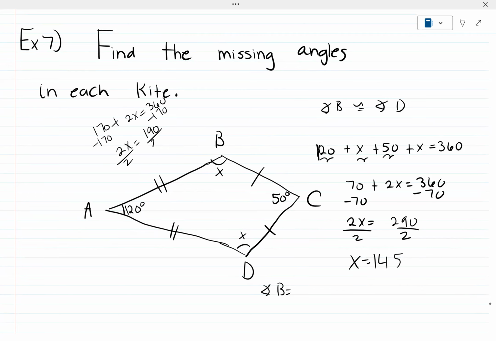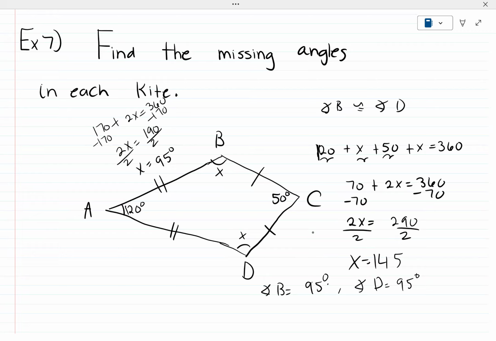Divide this by 2, x equals 95. So that means angle B should be 95 degrees, and angle D is also 95 degrees.